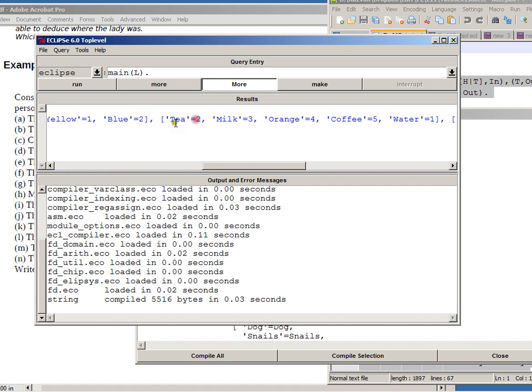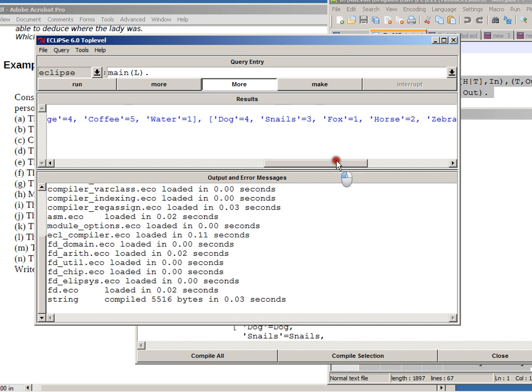Then in the 2nd house, tea is being drunk, 3rd house milk, 4th house orange, and so on. And we have individual values for every variable, so now we can associate with each house, house 1, all the 5 properties that pertain to it. Is this clear?